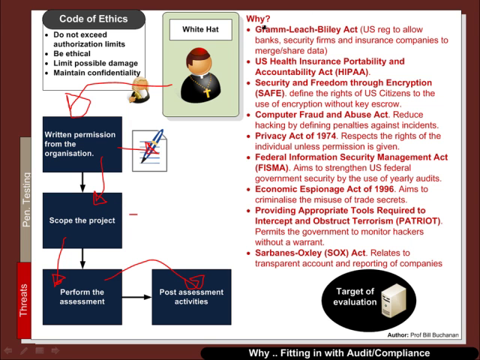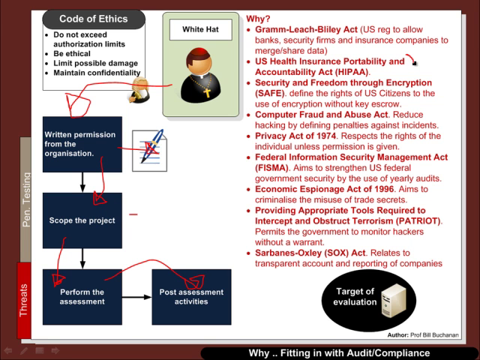So what's some of the reasons that we might want to do some of these tests? Well, the key regulations within the US relate to the Gramm-Leach-Bliley Act, which allows banks, security firms, insurance companies and so on to merge and share their data.